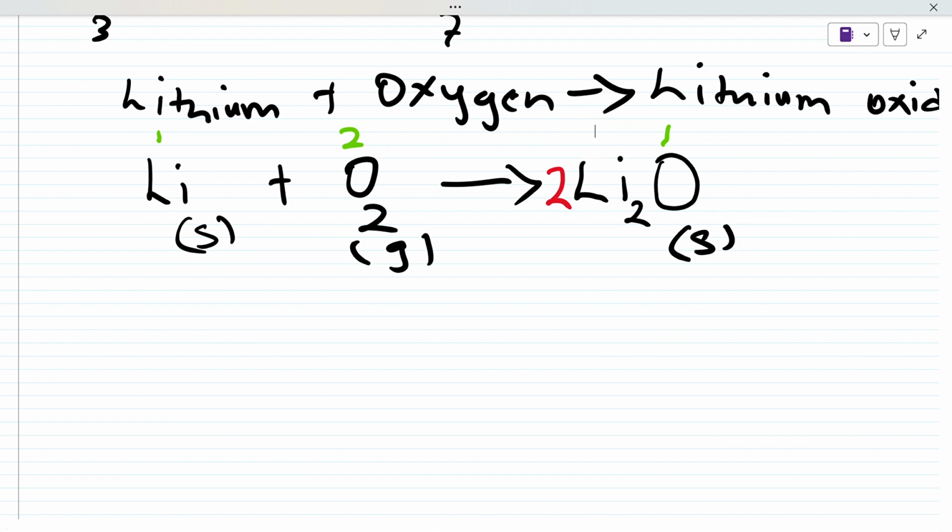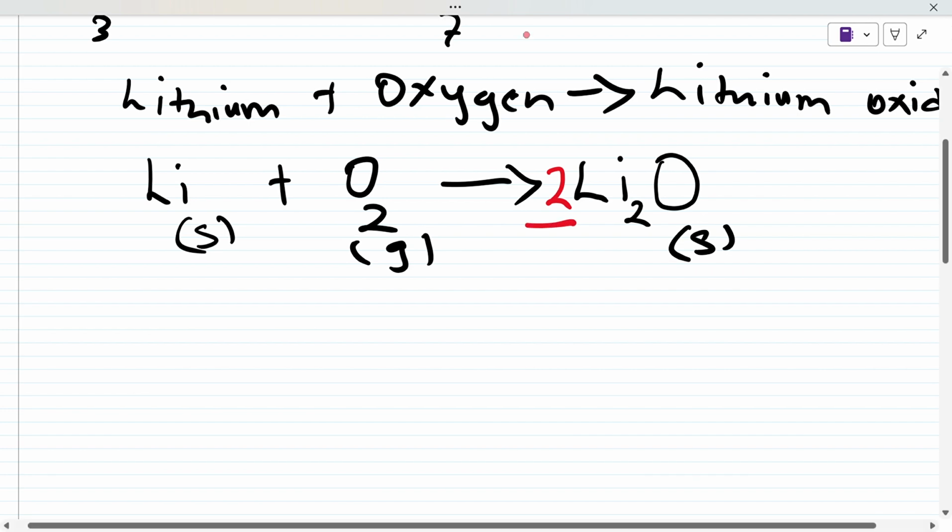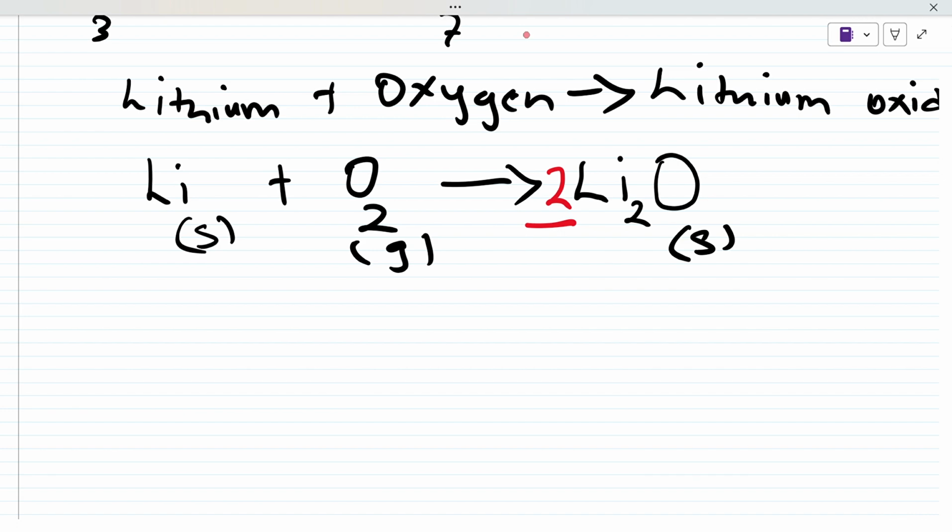Let me remove these ones so that we can have a proper and neat chemical equation, so that my students may not sue me for writing on a shaggy page. Now, I've placed a 2 here. Because initially we had 1, if I place a 2, lithiums are going to be 4.